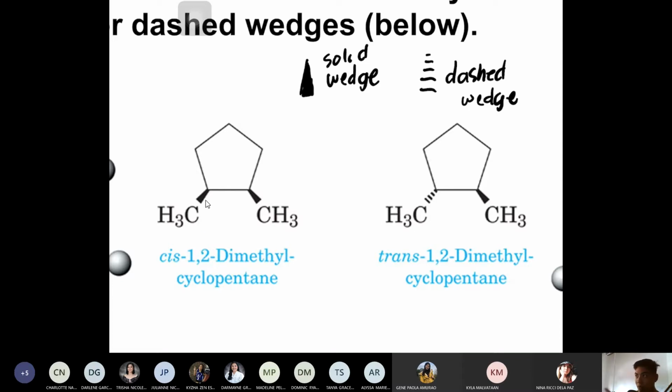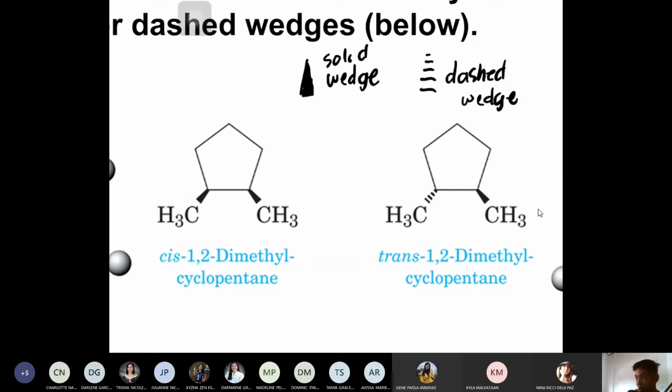So, kapag solid wedge, they are pointing towards you. Kapag dashed naman, it means na nasa likod ng paper yung substituent. It is not pointing towards you, rather pointing away from you. Nasa likod siya ng paper.